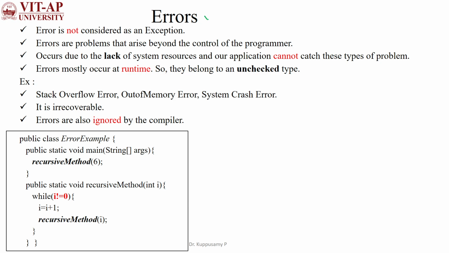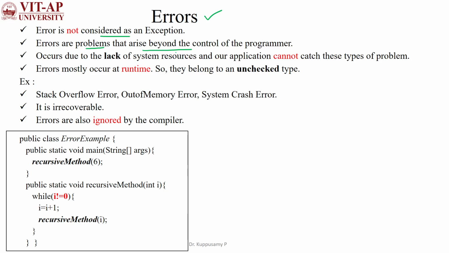And there is one more terminology, errors. An error is not considered an exception in Java programming. Errors are issues raised beyond the control of the programmer. That means the programmer cannot control or solve those kinds of errors.